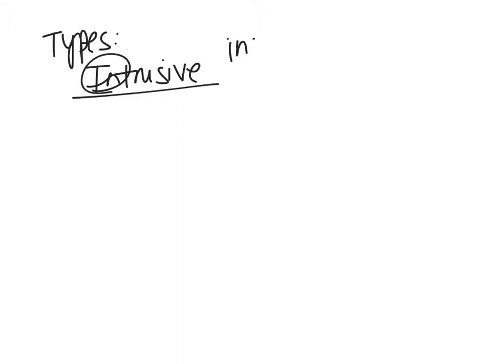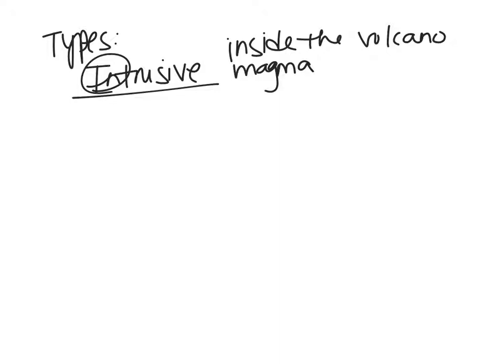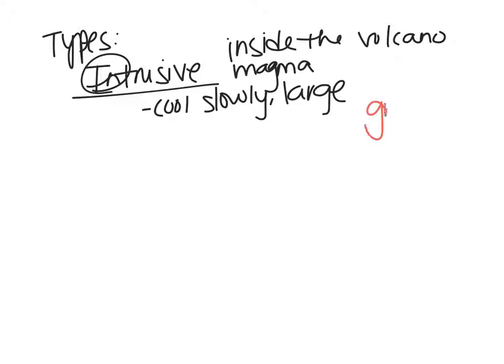Of igneous rocks, we have intrusive, inside the volcano, which is called magma. They cool slowly, large, and the example would be granite.